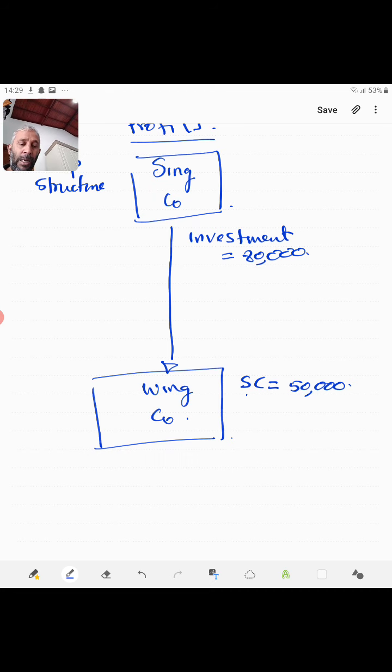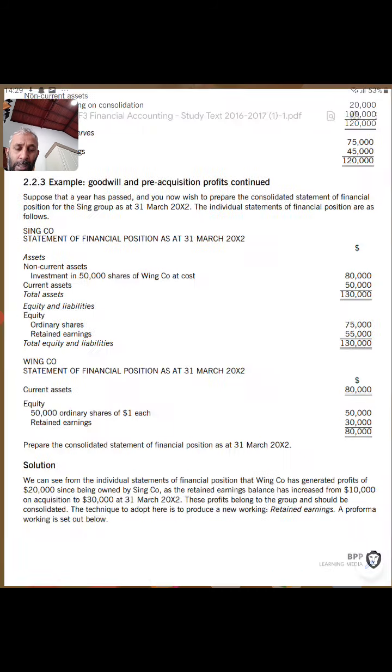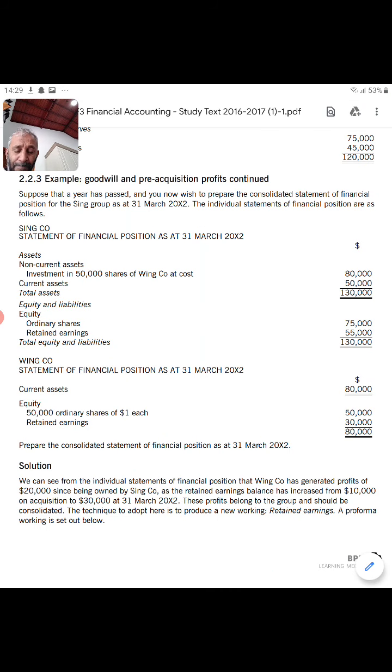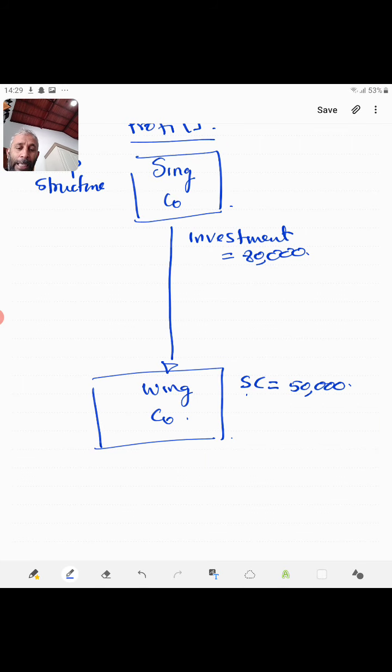the question. The share capital of the subsidiary, if you see the question here, is 50,000, and the investment is 80,000. Also, the retained earnings at the date of acquisition is 10,000. This is at acquisition.